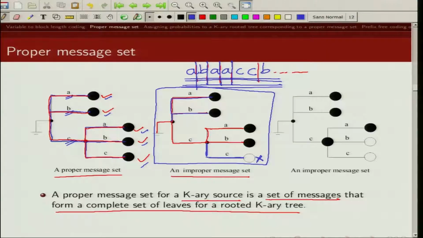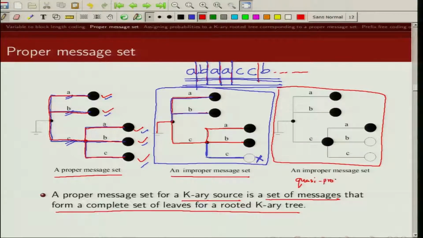Now I want you to look at another type of improper message set, sometimes known as a quasi proper message set. Note here also we are not using these two leaves of the K-ary rooted tree, but this can be used for message parsing. How?